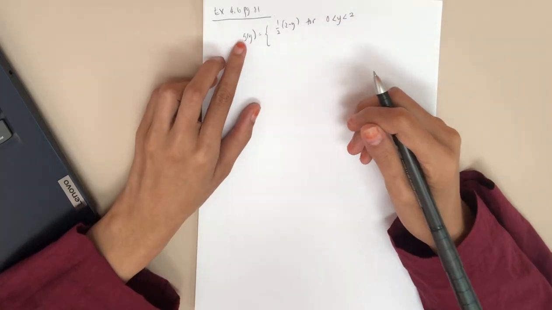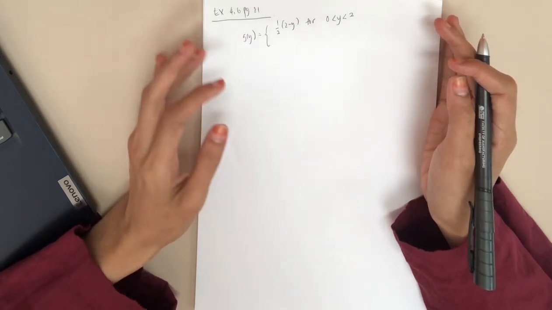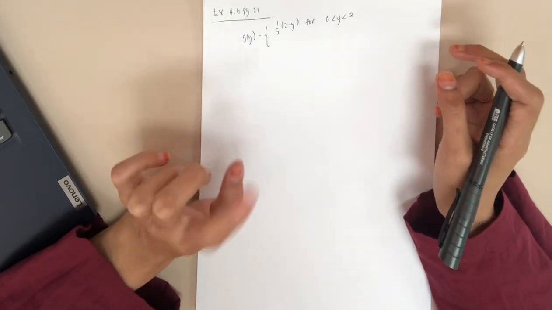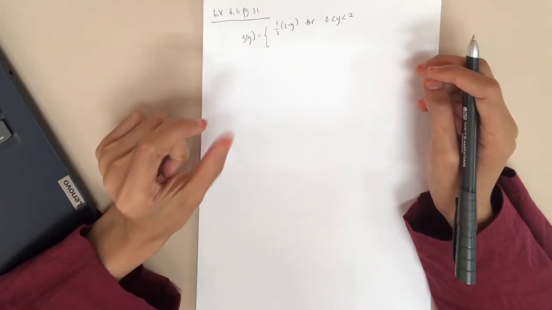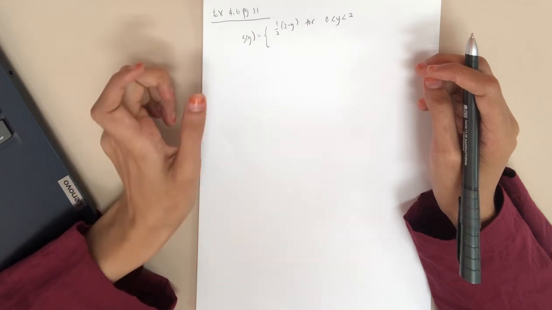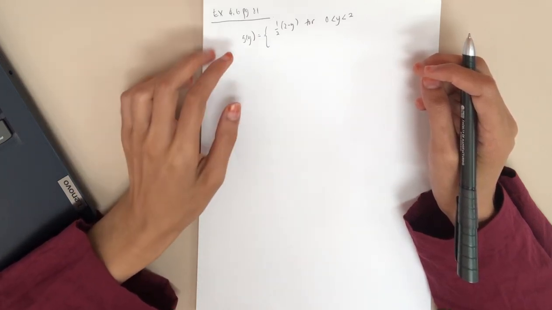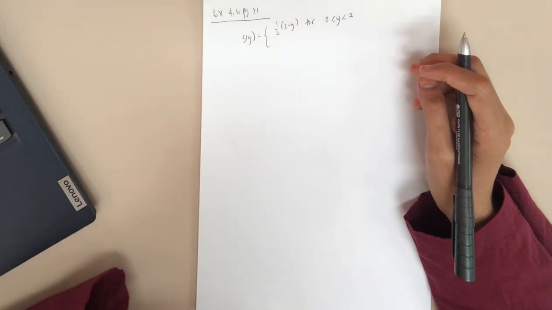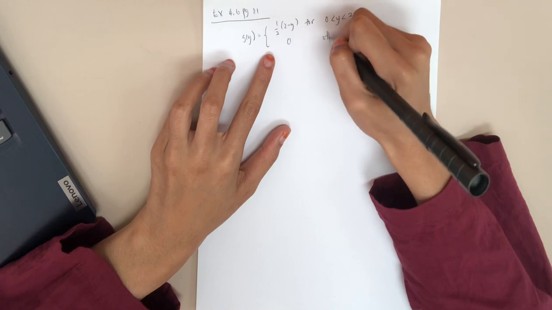Here they don't use f as usual, they use g. It doesn't matter, any alphabet can be used, as long as you know that this is a PDF or a CDF. From the question, it says it is a density function, so this is a PDF, probability density function, and 0 otherwise.